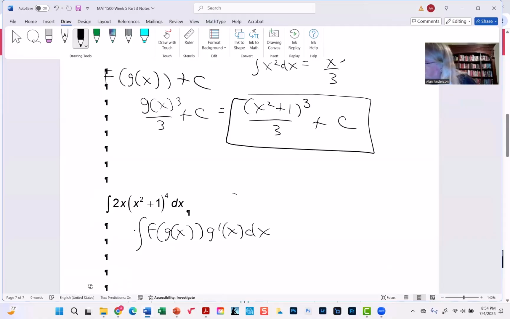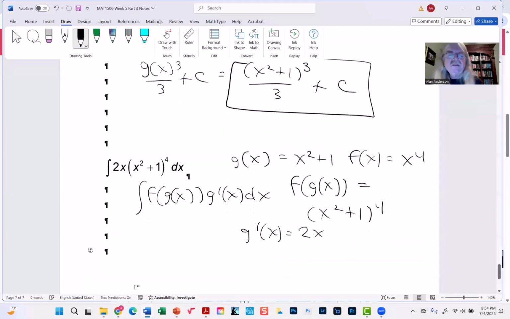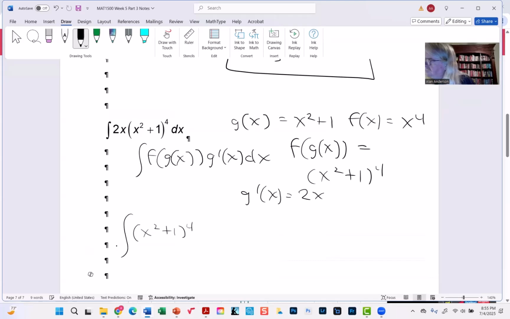So let's try letting g of x be x squared plus 1. f of x would therefore be x to the fourth, so that f of g of x is x squared plus 1 to the fourth. g prime of x would be 2x. So if you plug all those in, you'll see that we have, there you go, although the order is slightly different.